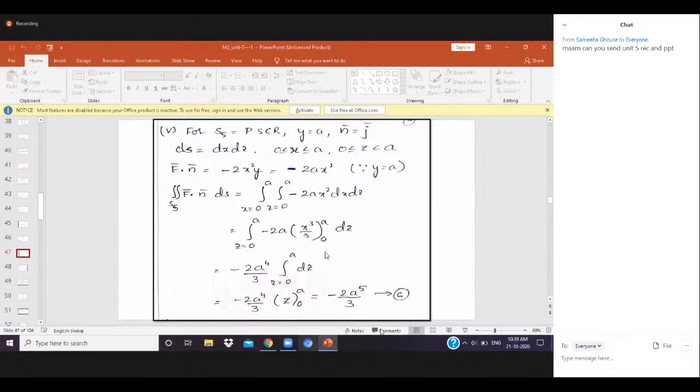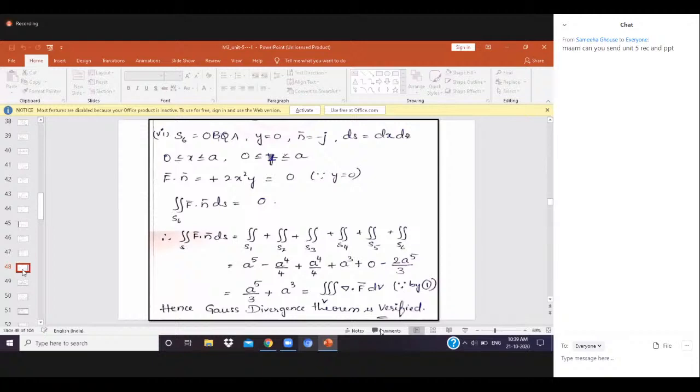Integrating, we get minus 2a power 5 by 3. Then the last surface OBQA, here y equals 0 and n bar equals minus j bar. Then f bar dot n bar becomes 2x square y, but the y value is 0, so the integral value is also 0.